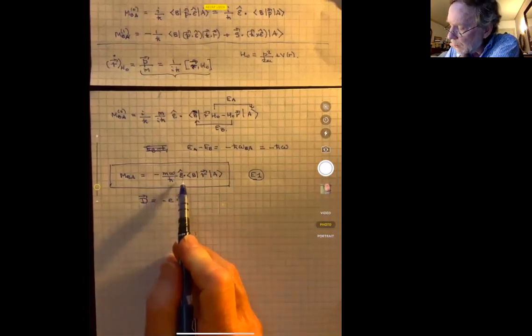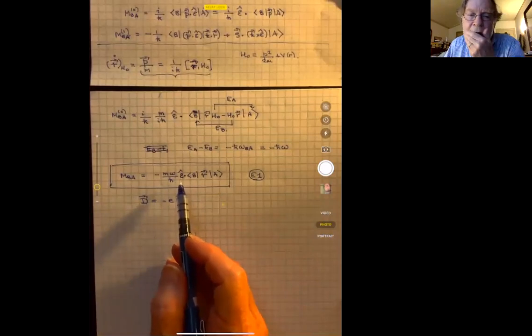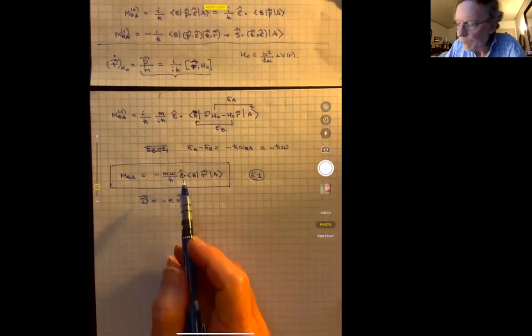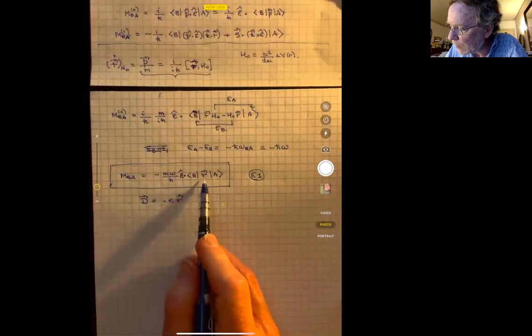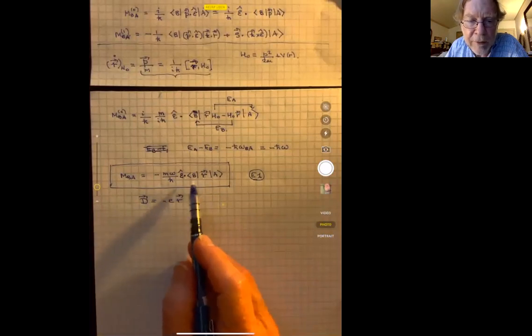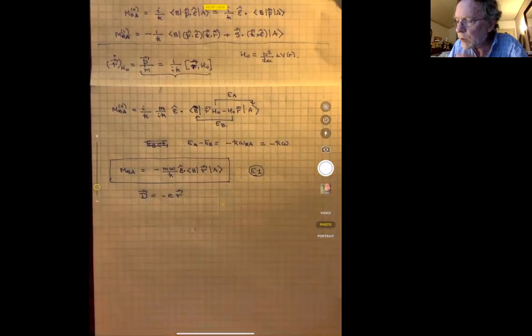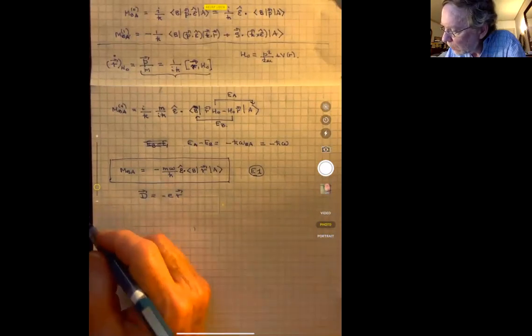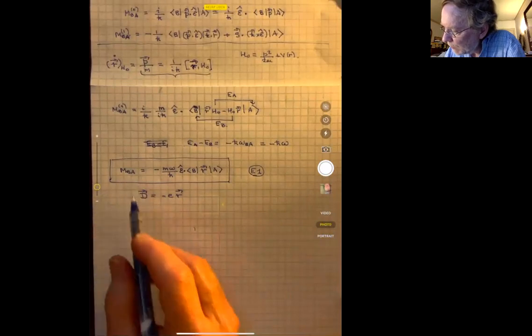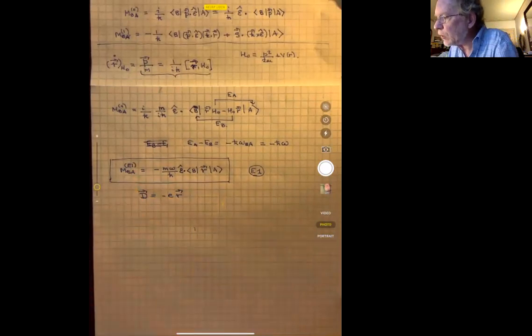By the way, epsilon is the polarization vector, so in classical E&M that's the direction of the electric field. What you've got here is the electric field dotted into the dipole moment of the atom, which is of course the energy of the dipole in the field. In any case, this is M_BA, and so I'll put an E1 on this to indicate that this is the electric dipole contribution.